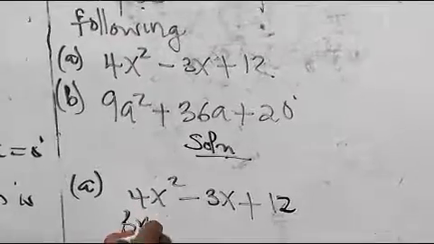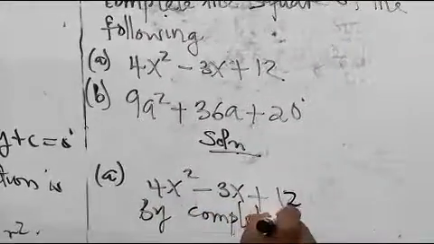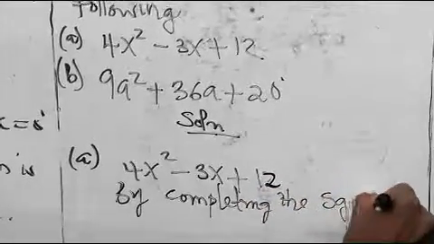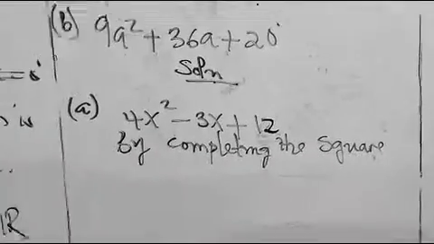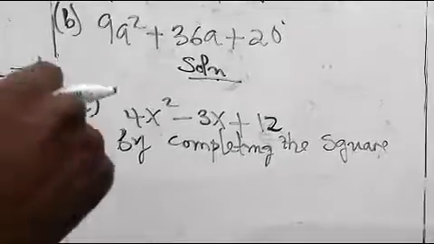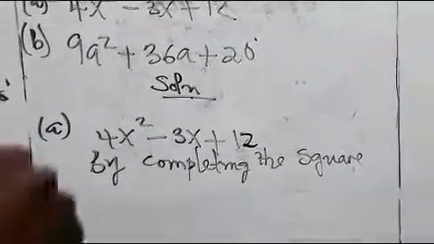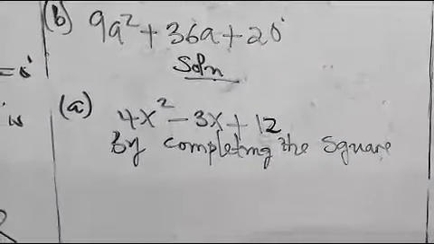By completing the square, we are going to factorize 4 out so that the coefficient of x squared is 1, in order to proceed with our process of completing the square.